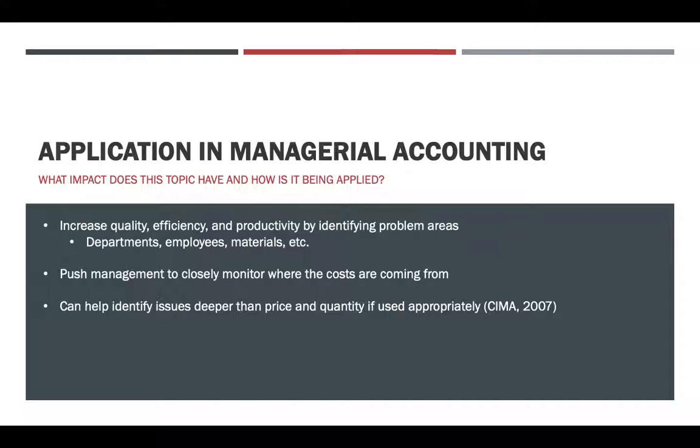Standard cost and variance analysis give managers an opportunity to focus on other issues than just cost and production quantity as well, and can allow them to be notified when there is a concern through the variance analysis process. Cost variances can also be a very beneficial tool in performance evaluation as long as the standards are being calculated and used appropriately.